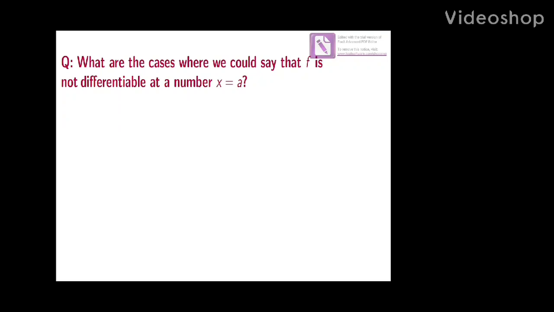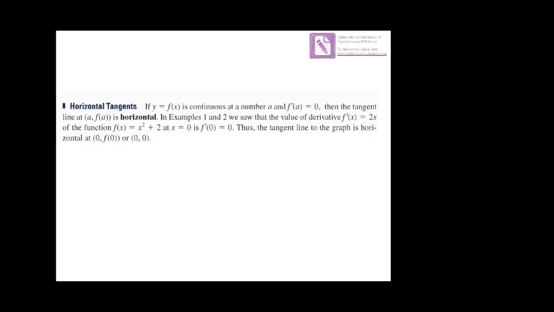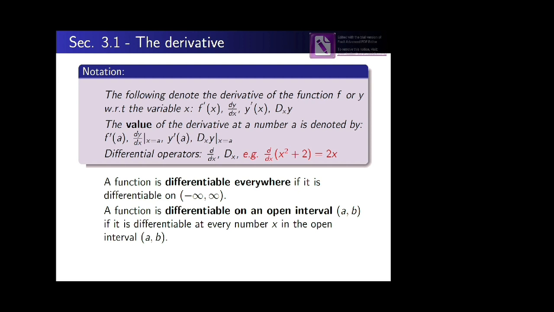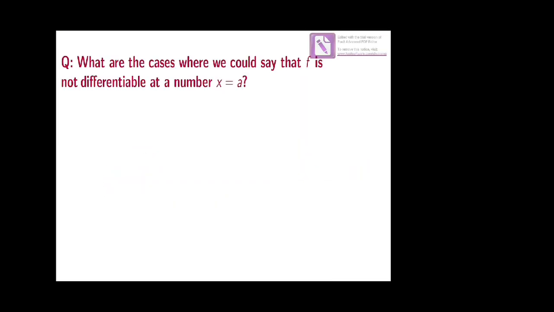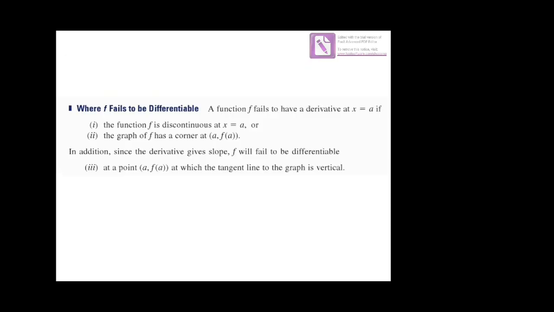Where we could say that f is not differentiable at a number x equals a. We have seen three cases of the function being differentiable: everywhere, on an open interval or closed interval, and at a point. But when can we say this function is not differentiable at x equals a?